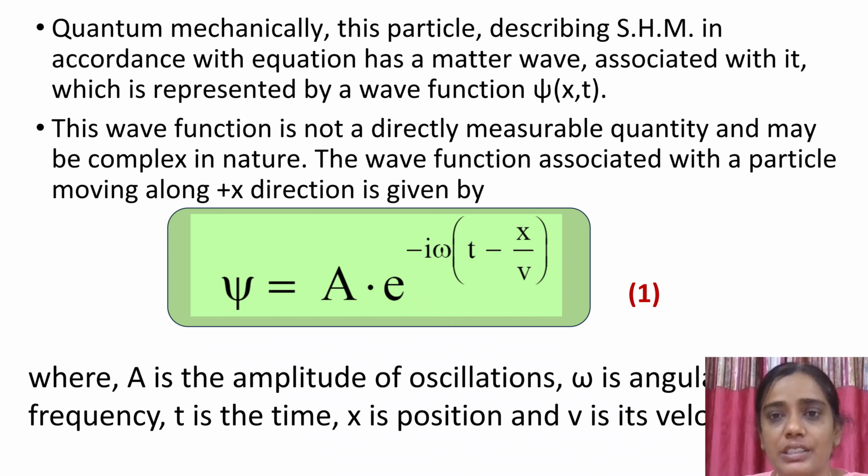So the wave function associated with a particle which moves along the positive x direction is represented as psi equal to a e power minus i omega into (t minus x by v). Here a represents the amplitude of the oscillations, omega is the angular frequency, t is the time period, x is the position and v is the velocity.